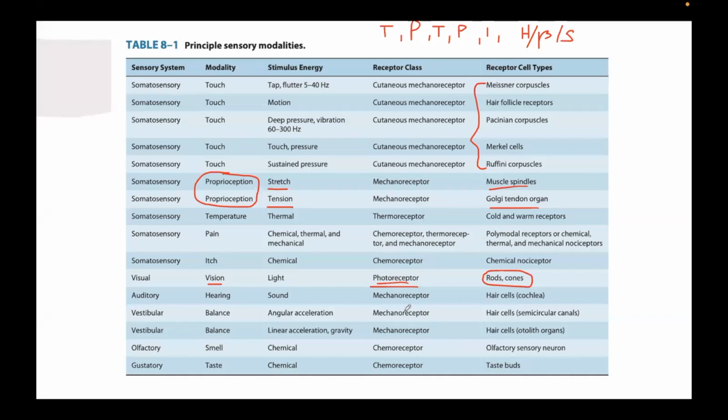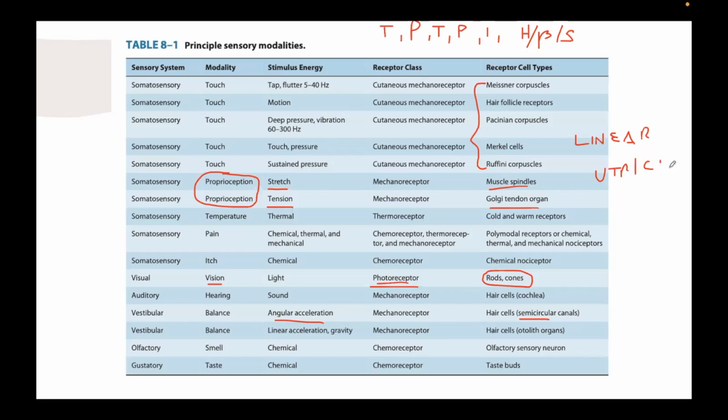Then for balance, I want you to remember angular acceleration. This is the semicircular canals. Angular acceleration, that is the semicircular canals. Now, can anyone tell me what is responsible for linear acceleration aside from the otolith organs, the hair cells? Linear. So we have here the utricle.